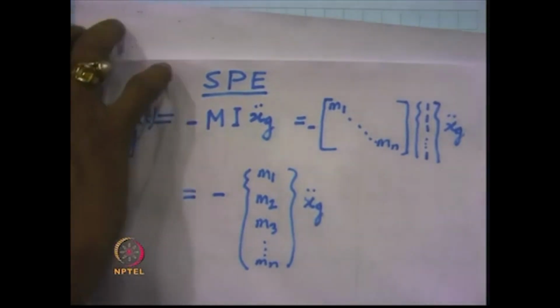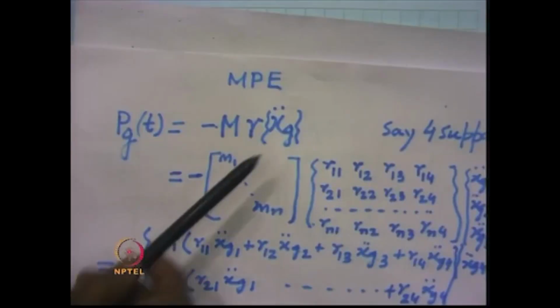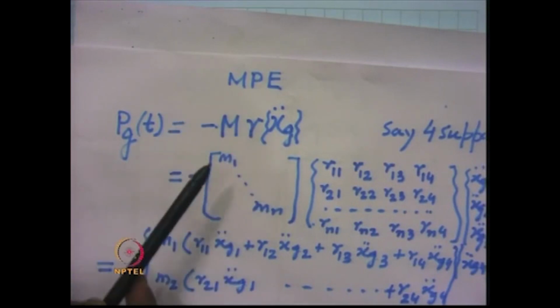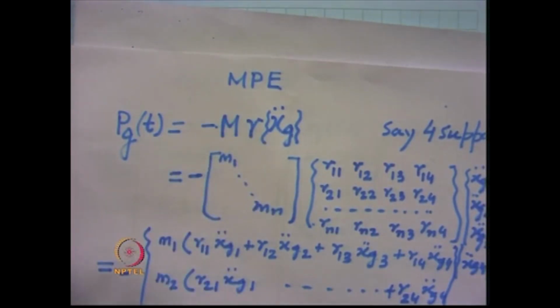If we consider the multi-support excitation, then this is the form of the equation: minus m into r into x double dot g. This is the diagonal mass matrix.